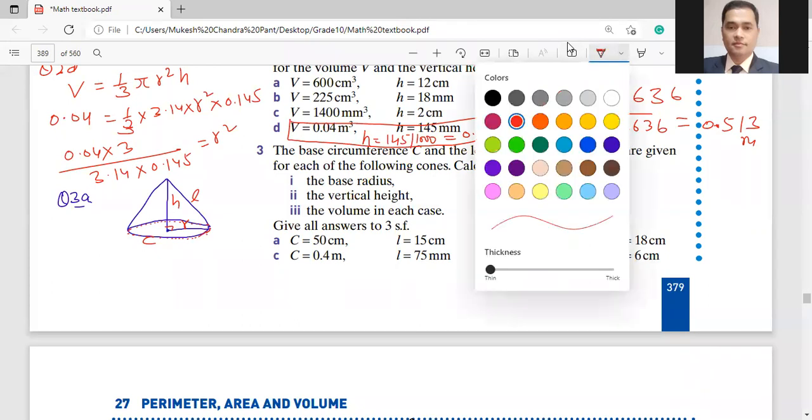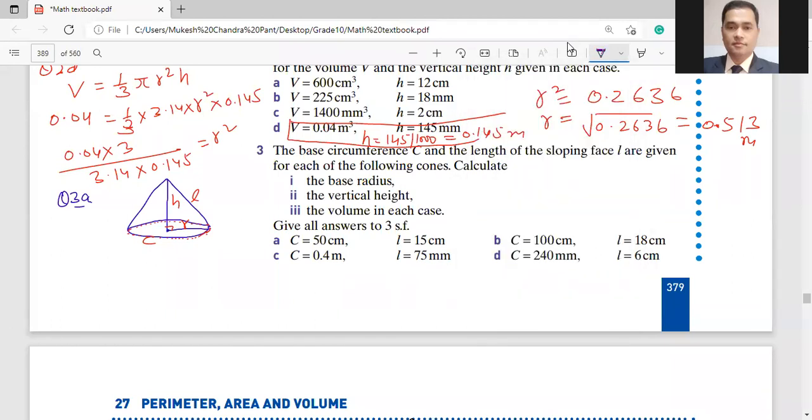Now what we will do, if you look, C is given. Suppose C equals 50 centimeter, right? C means circumference. What is the formula for circumference? 2 times pi times r equals 50. Circumference is given, so r will equal 50 over 2 times pi.